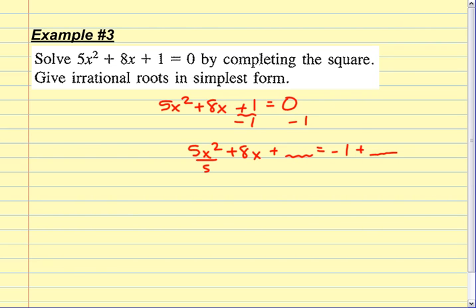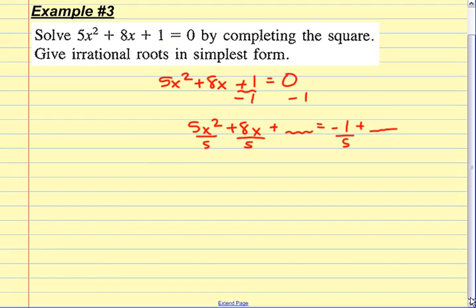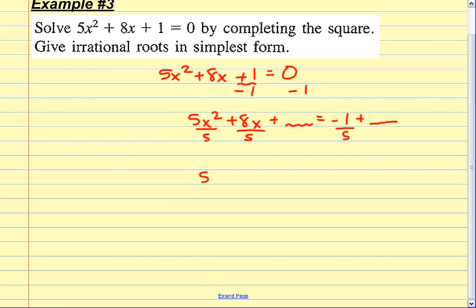Divide everything by 5. Okay. Good. So now I've got x squared plus 8/5 x plus something is equal to negative 1/5 plus something. No, it's not something over 5.